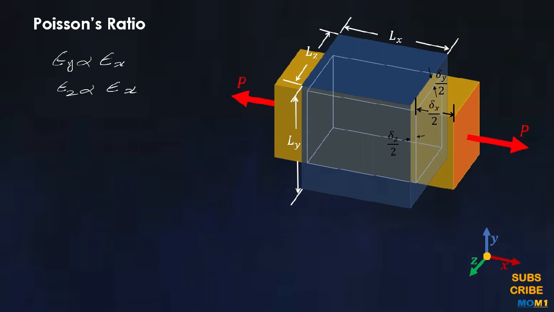Now this is the property of the material, that is the material constant, and we define the Poisson's ratio as the ratio between the lateral strain upon the axial strain.